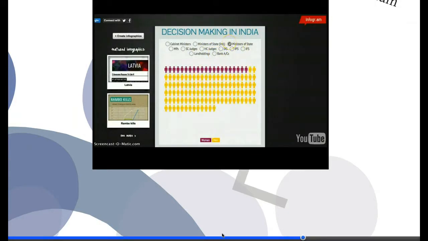You can move through all the different categories. Obviously, this infographic is making a point that women are profoundly underrepresented in all of these categories in India. But it's done through an interactive graphic that visually demonstrates that point.